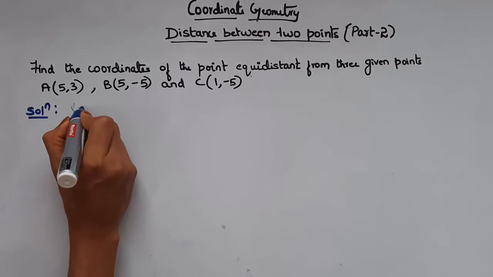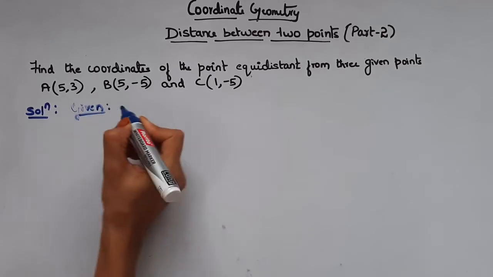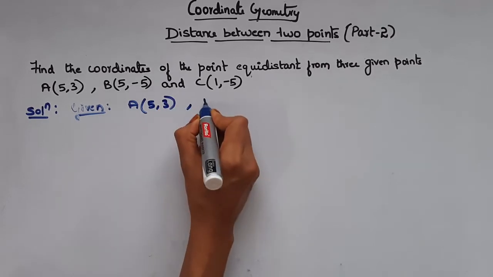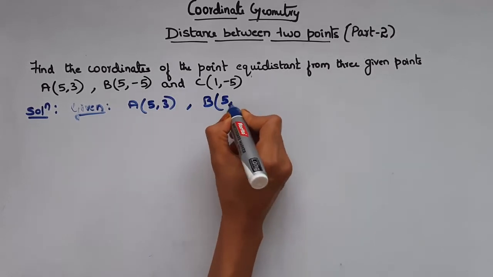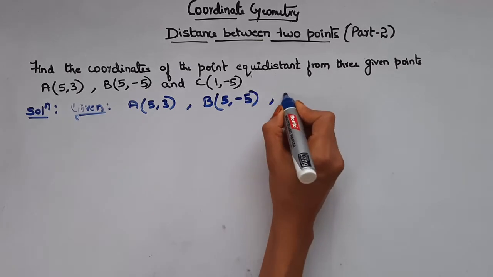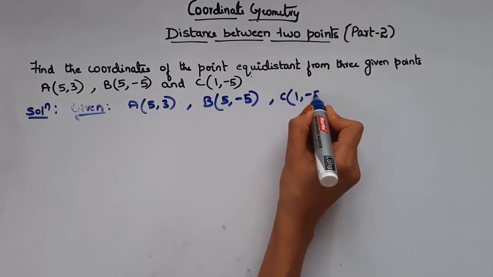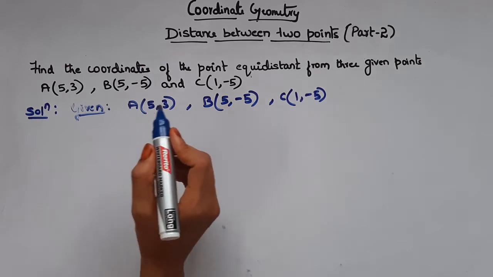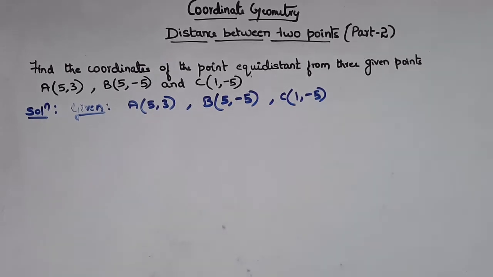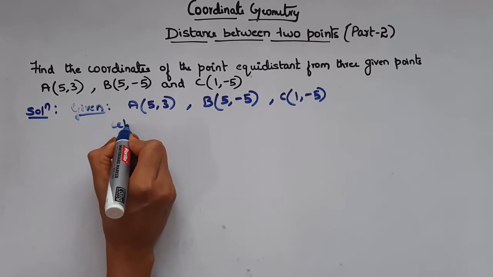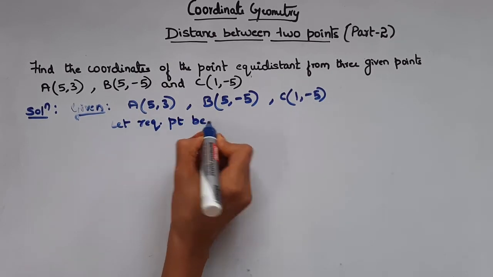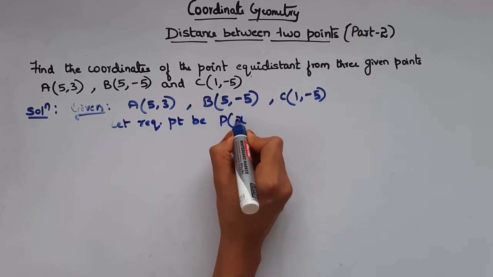First, let's write these points. So given here is A(5, 3), B(5, -5) and C(1, -5). So let's take the required point P(x, y).